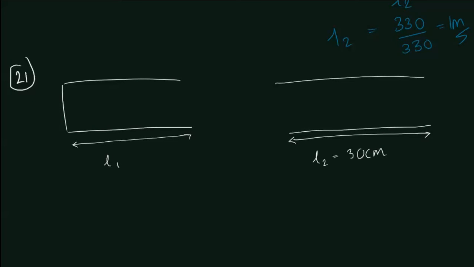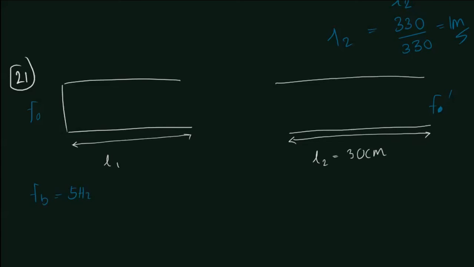I will mark them as F naught and F naught dash as usual, right? Now, are they in the same frequency? No. When they are vibrated, they produce a beat frequency of 5 hertz.